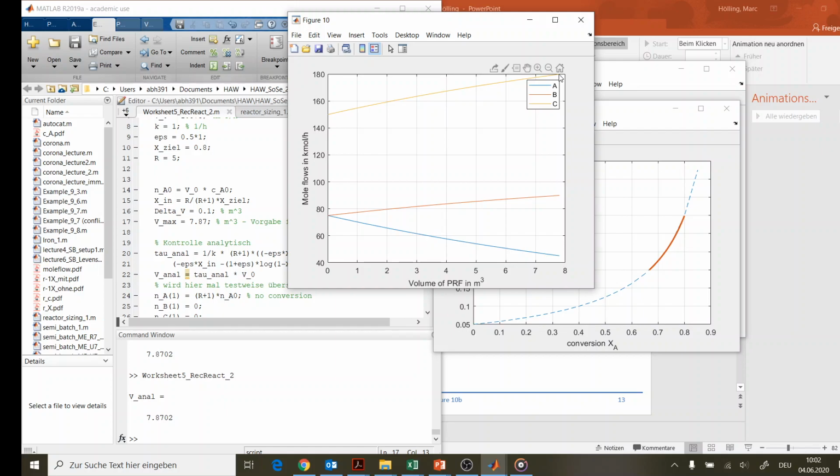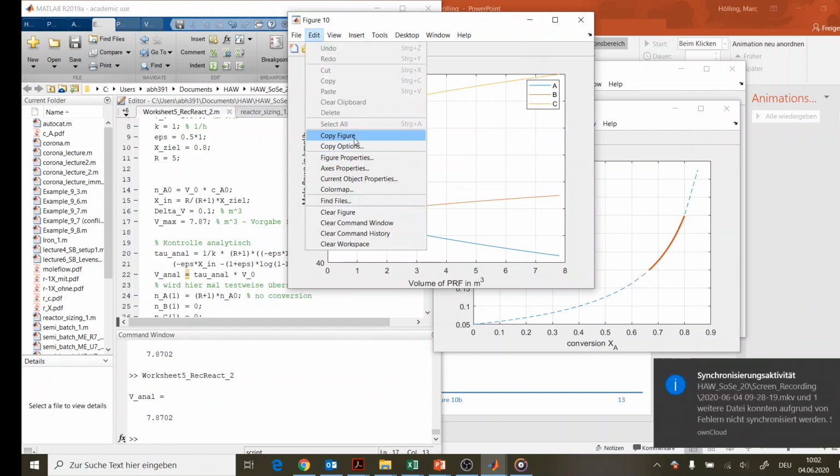We can see here that this is our mole flow through the reactor, and at the outlet we have a mole flow of component C of 180 kilomoles per hour. Or maybe I can just copy this here and put it, copy figure.